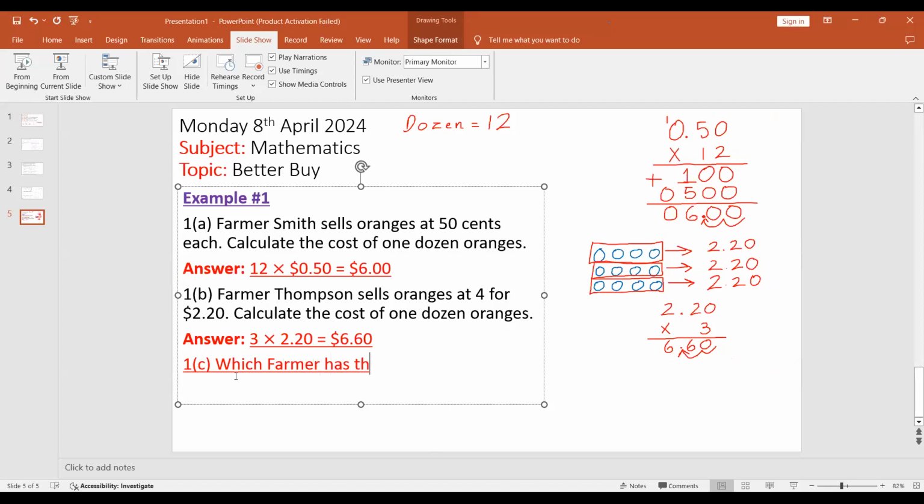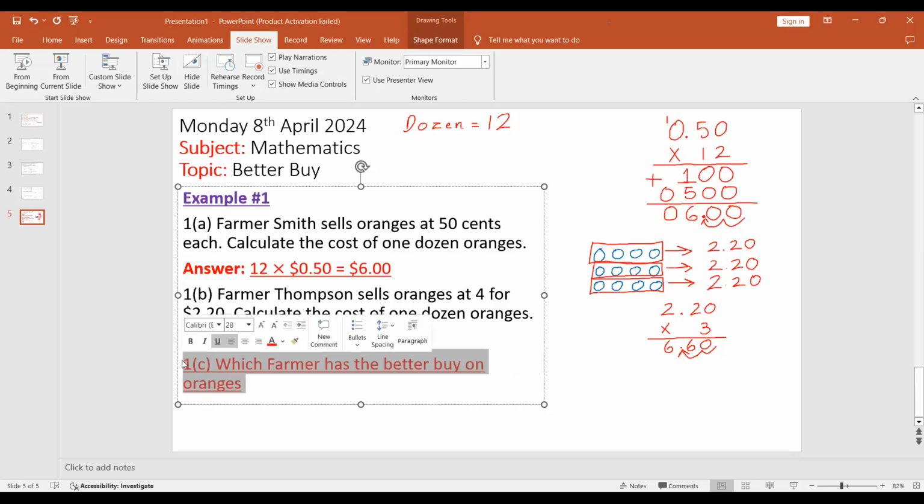Which farmer has the better buy on oranges? Farmer Smith. Why do you say Farmer Smith? Because his oranges only cost $6, while Farmer Thompson's cost $6.60.